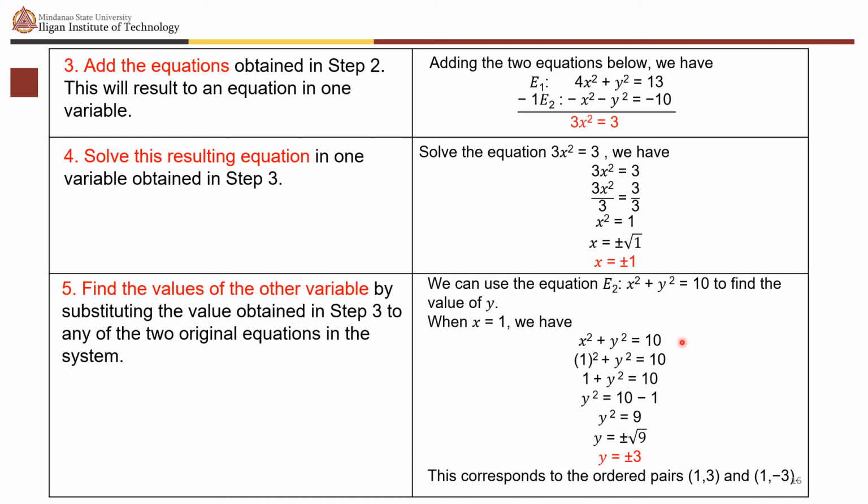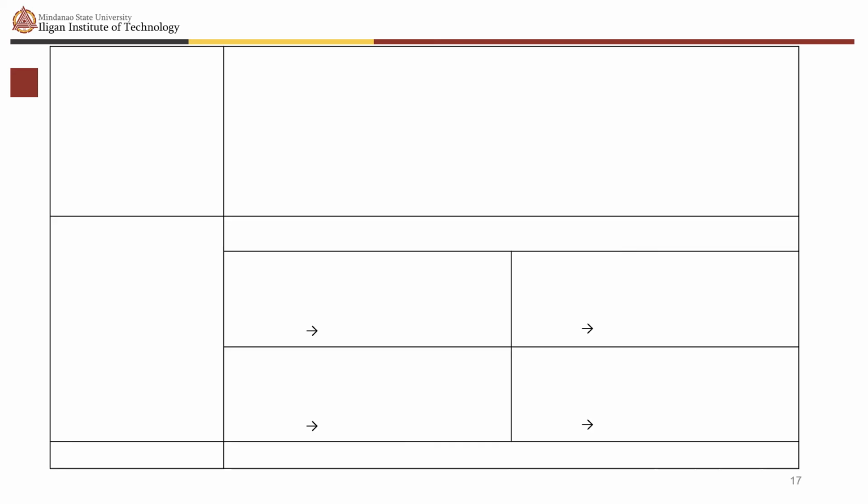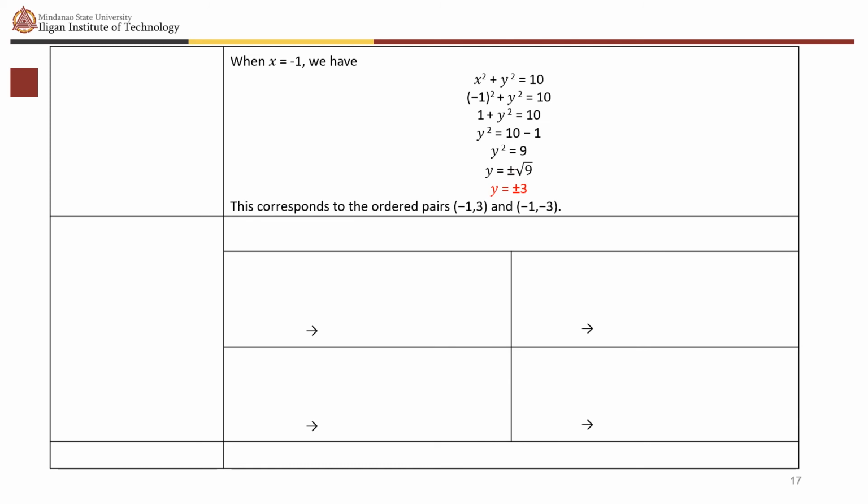Now, we still have to solve for the value of y when x is equal to -1. So when x equal to -1, we substitute again to the equation x squared plus y squared equal to 10. So -1 squared plus y squared is equal to 10.